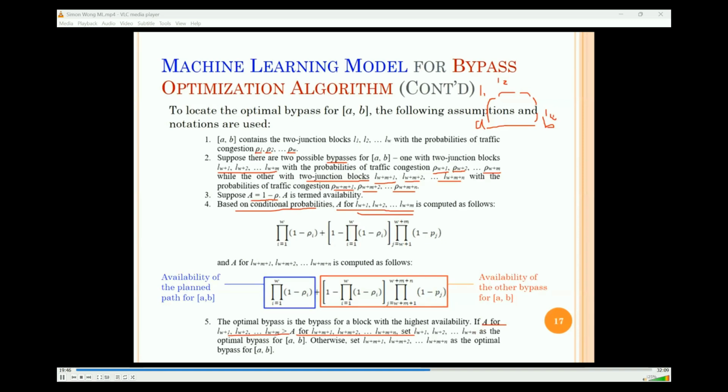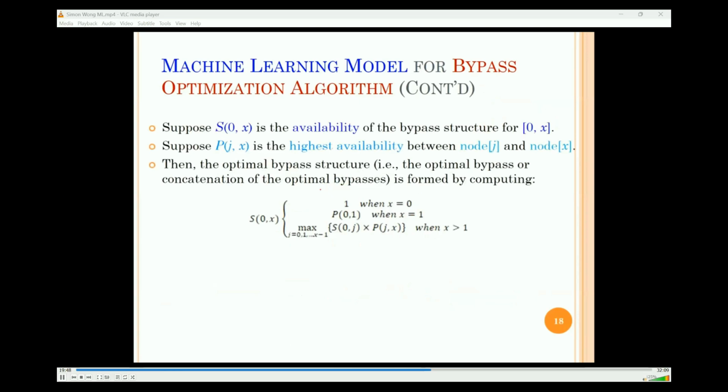Now suppose this symbol S sub 0x is the availability for the bypass structure for the 0x block, between junction 0 and the other junction x, while this P sub jx indicates the highest availability between node j and node x.